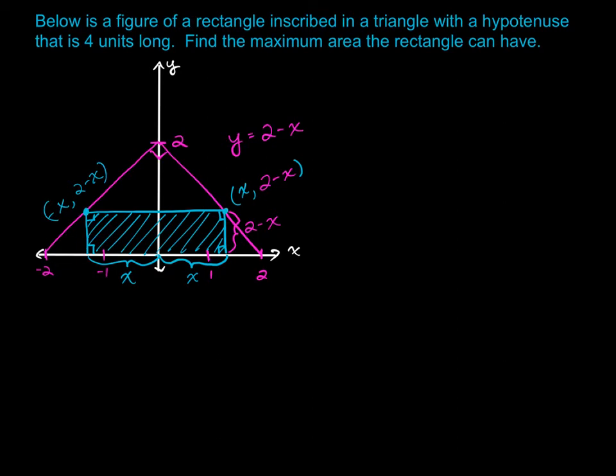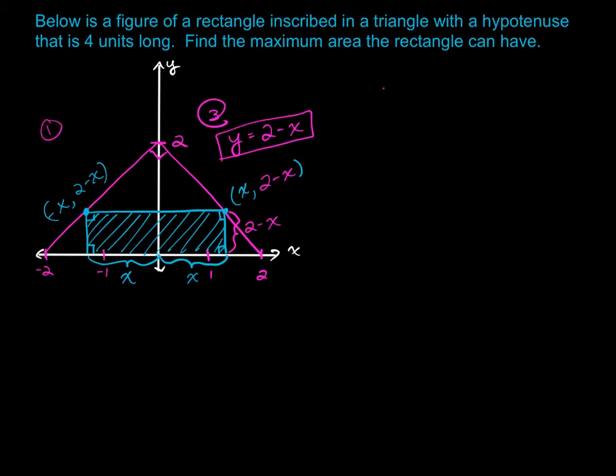So what is the area of this entire rectangle? Well, this distance down here is 2x wide and 2 minus x tall. So we were going all around here. This technically is step 3, where you find that other equation. Step 1 was drawing a picture with what you know and what you don't know.